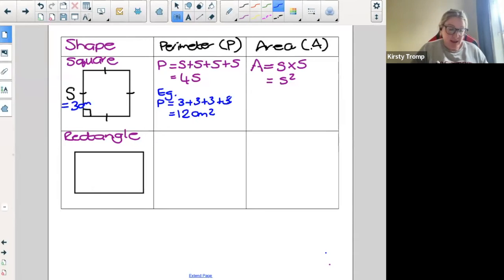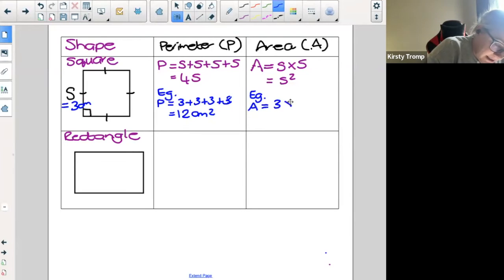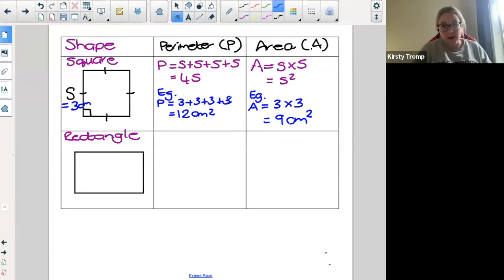For the area example, area equals 3 times 3, or I could say 3 squared, same thing. And 3 times 3 gives me 9 centimeters, and we must remember when we do area, it needs to be squared.